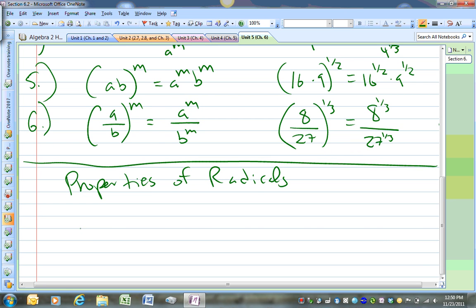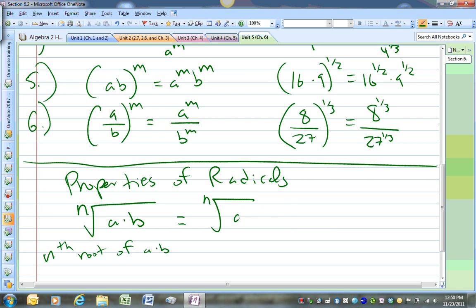So if you have something like this here, the nth root of a times b, you can separate them like this.